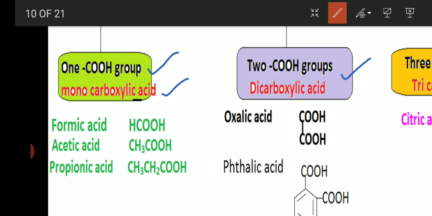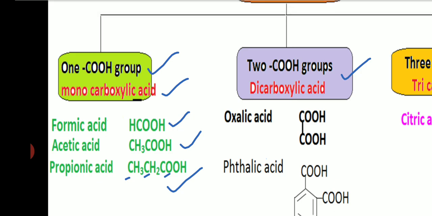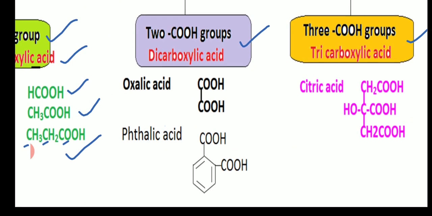They are formic acid HCOOH, acetic acid CH3COOH, and propionic acid CH3CH2COOH, with 3 carbons. Now, the second one, dicarboxylic acids.